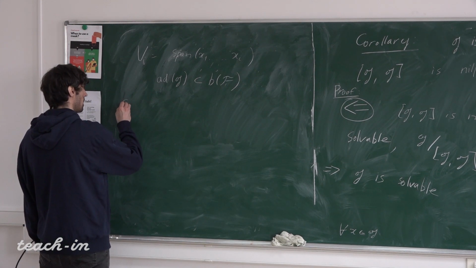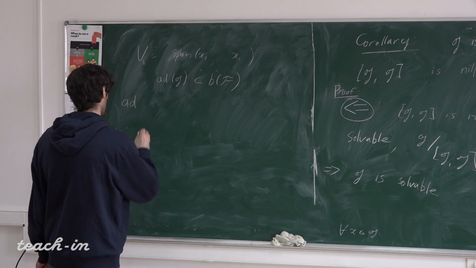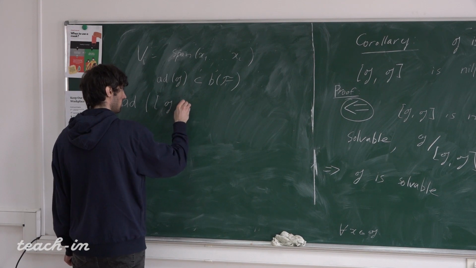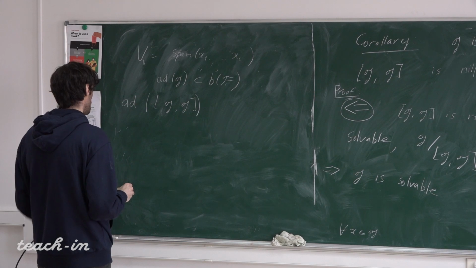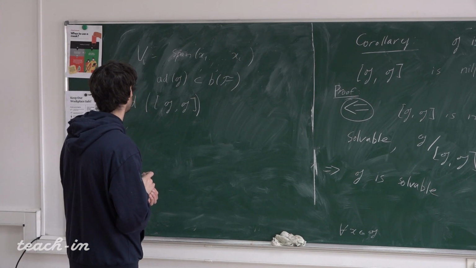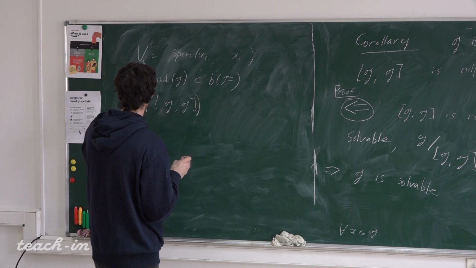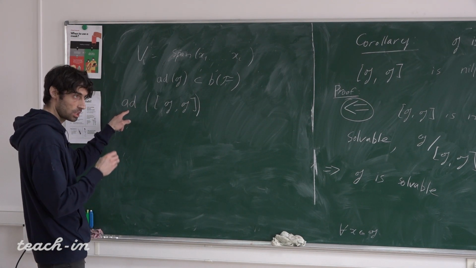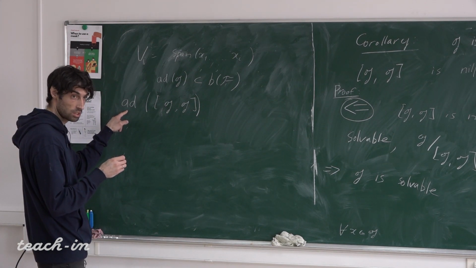Then I would like to take ad and apply it to the commutant. I would like to use that this map, the adjoint representation, is a homomorphism of Lie algebras.